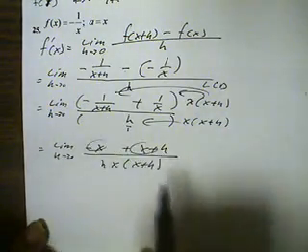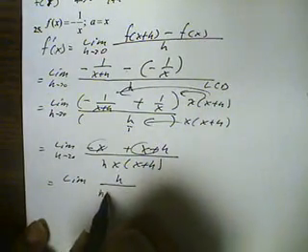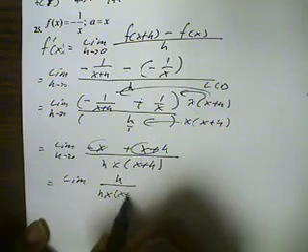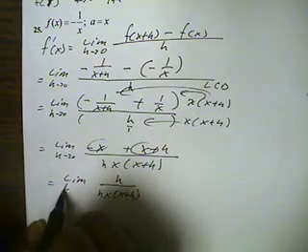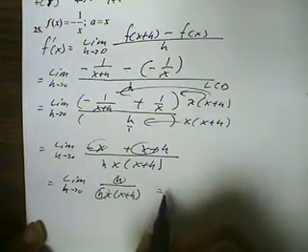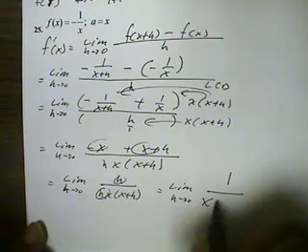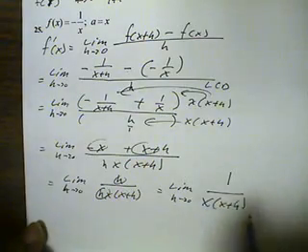Okay. These two cancel, leaving us the limit of h over h times x plus h. And we end up with another cancellation, these two, and that leads us to the limit as h goes to 0 of 1 over x times x plus h.